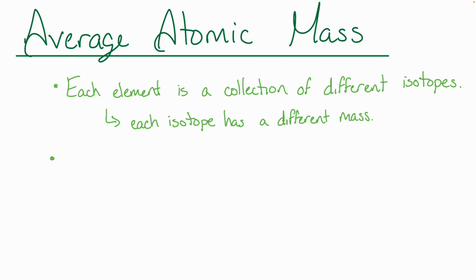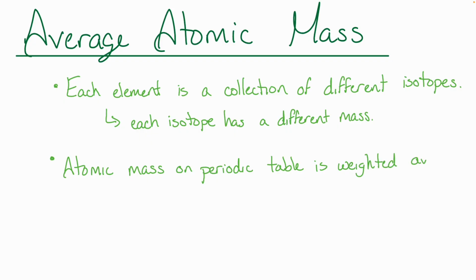All right. The atomic mass on our periodic table is what's called a weighted average of all of an element's isotopes.